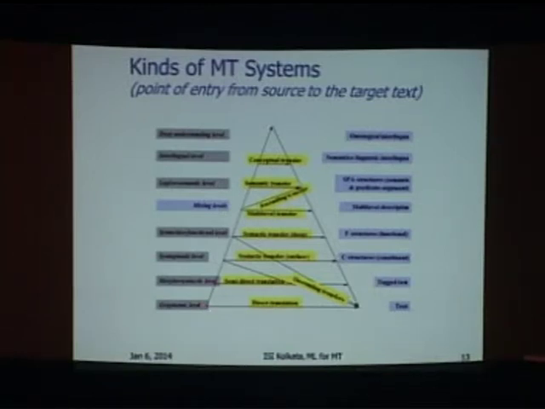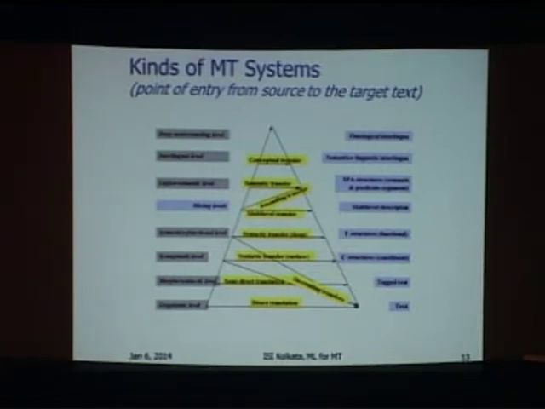At the morphosyntactic level, we obtain the part-of-speech tags. At the syntagmatic level, we obtain part-of-speech tags and constituent parts. At a higher level, we obtain the dependency tree. At the logico-semantic level, we obtain the semantic roles. At the interlingual level, word senses have been disambiguated. And at the topmost level, speech acts also have been disambiguated. So this is complete natural language processing.